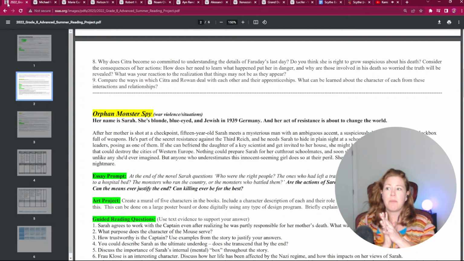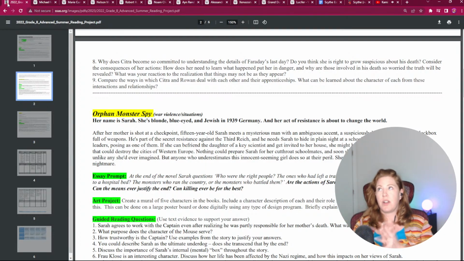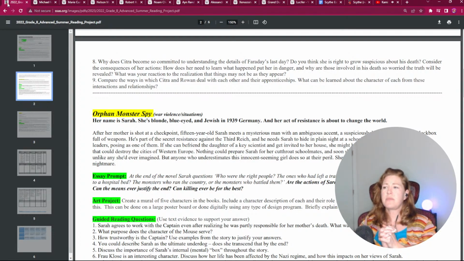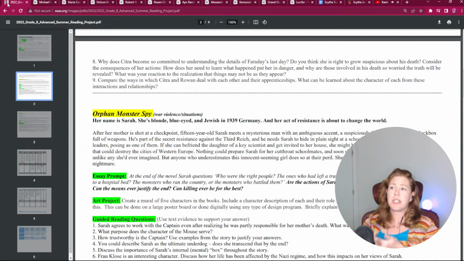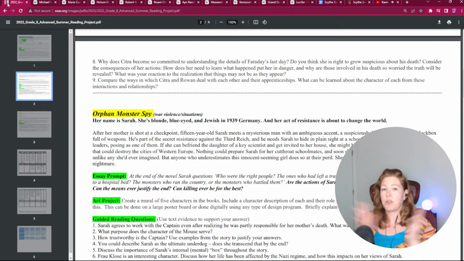They obviously both see the problems with the current way the Scythedom is being run. Rowan is fostered by Scythe Faraday, and Citra by Scythe Curie. They both have really strong people in their lives who are guiding them to a path that will help the world change. But they're both doing it in very different ways, right?